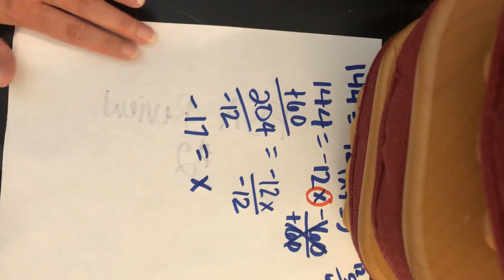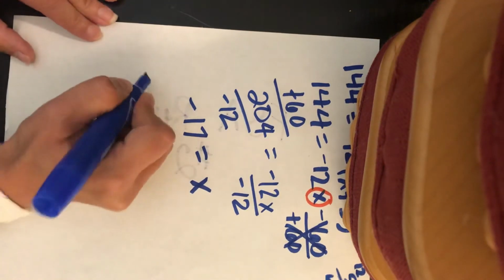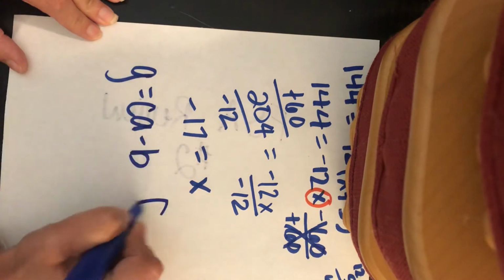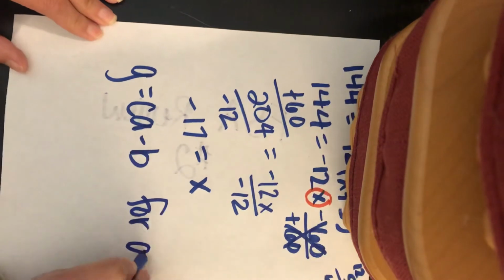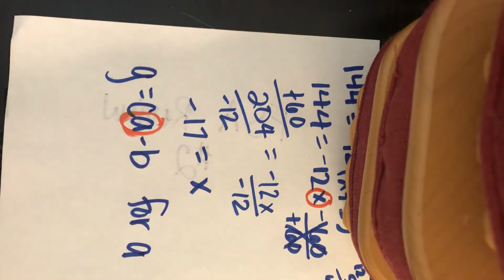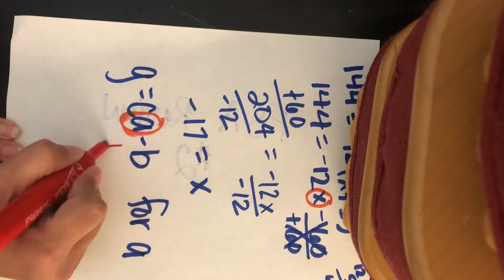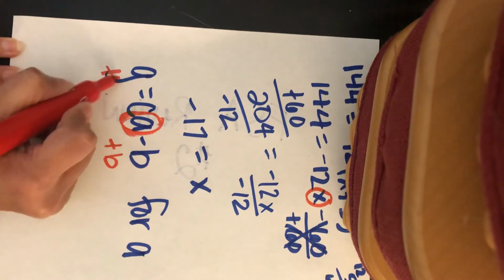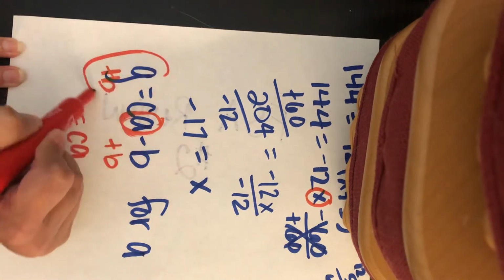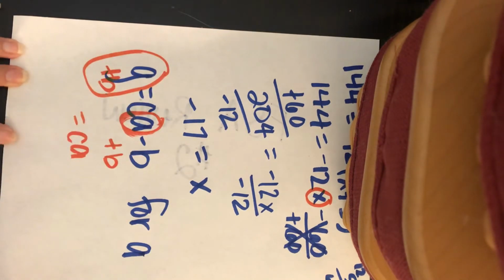What if I have a literal equation that doesn't have actual numbers? For example, G equals CA minus B, and we're asked to solve for A. So in this case, I don't have any grouping symbols. My A is being multiplied by C and subtracted. So I'm going to do that addition first. Now I can't combine the G plus B because they're not like terms.